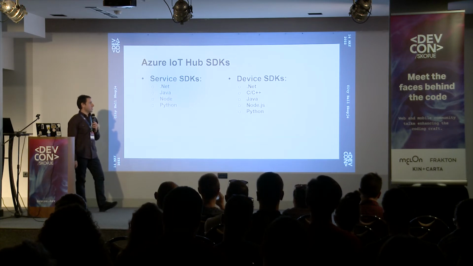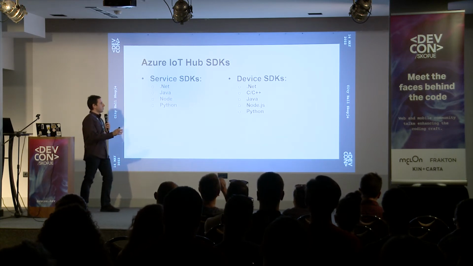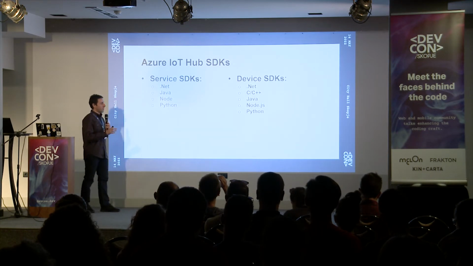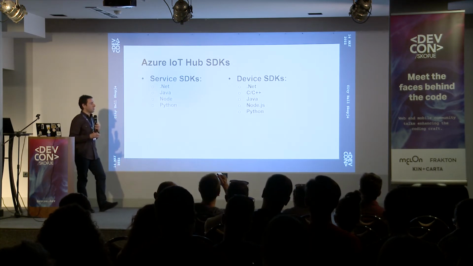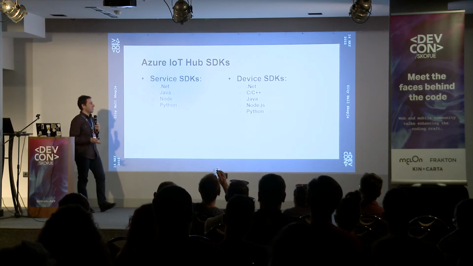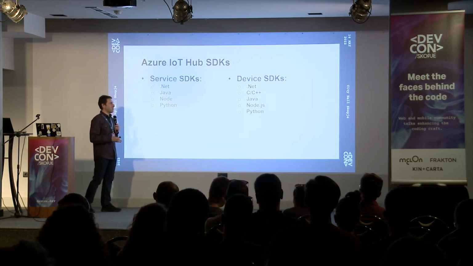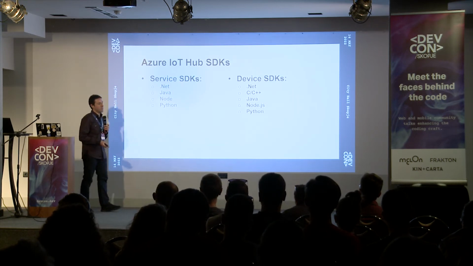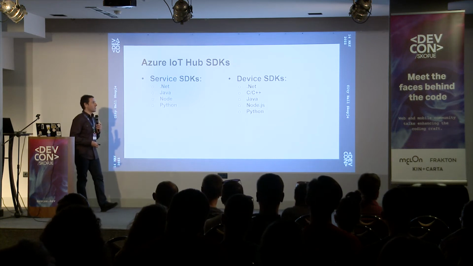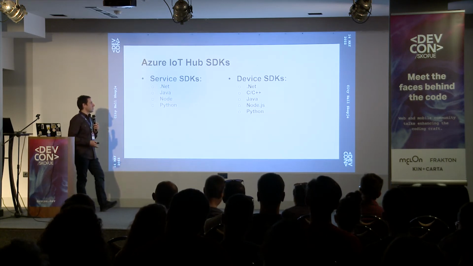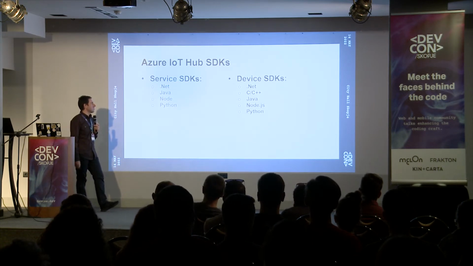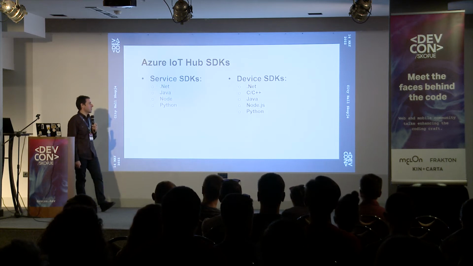Regarding available SDKs, most languages are supported on both sides, the service and the device. Only C and C++ are supported only on the device, because we don't write backend applications with C++. The most important are .NET, Java, Node.js or JavaScript, and Python.